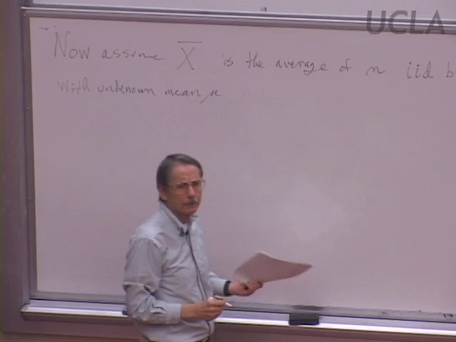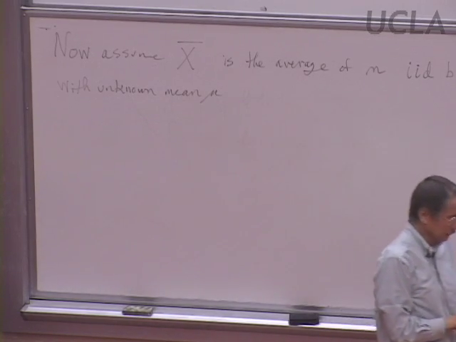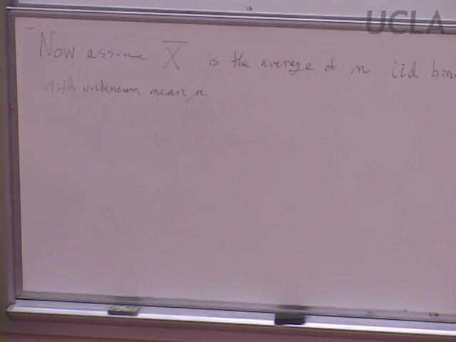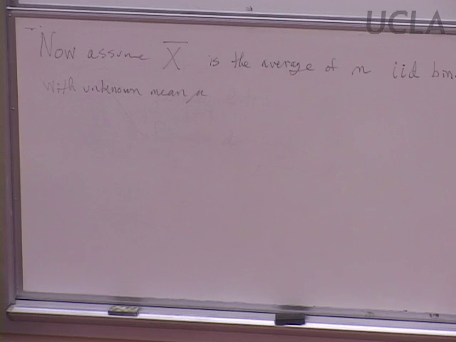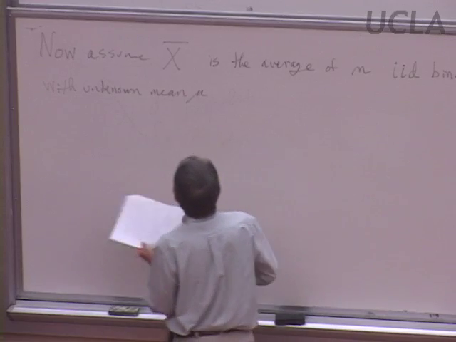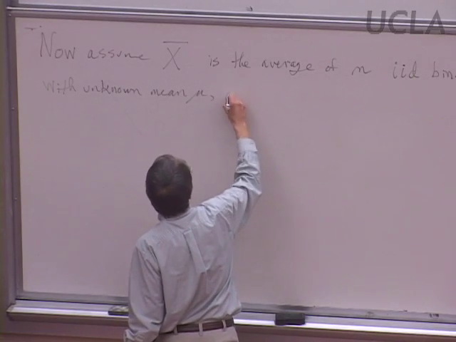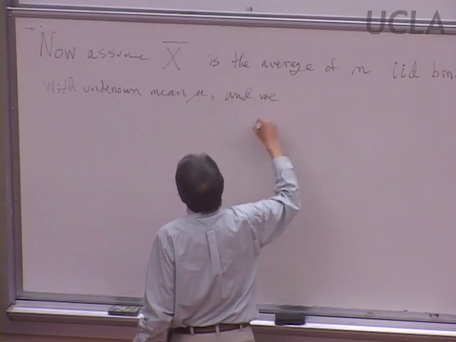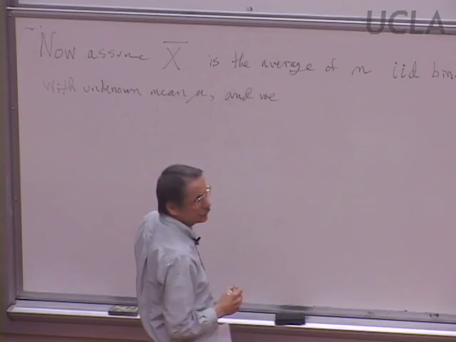And for a binary variable, its mean is the probability of being 1. And we don't know the standard deviation either.